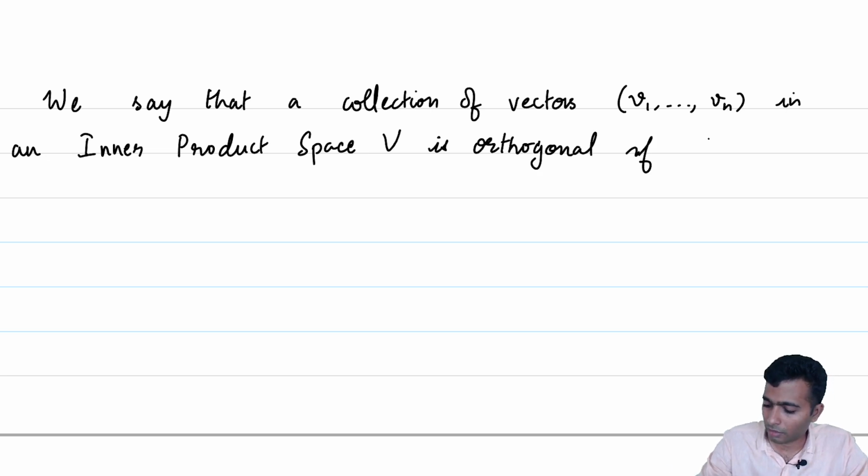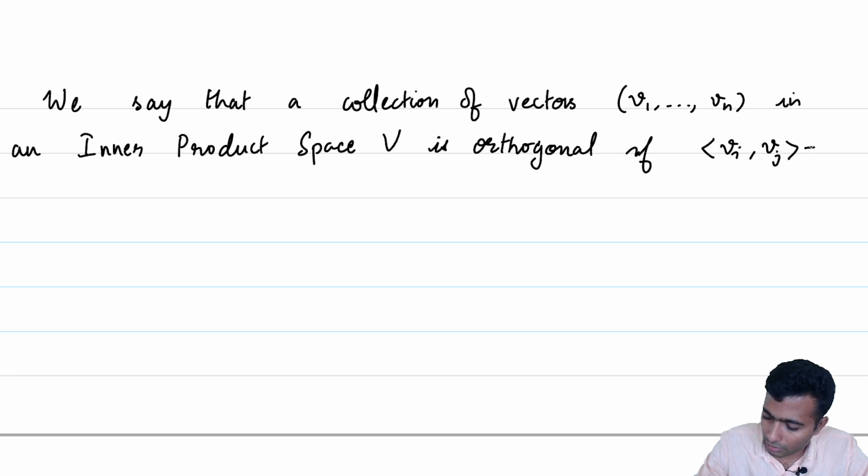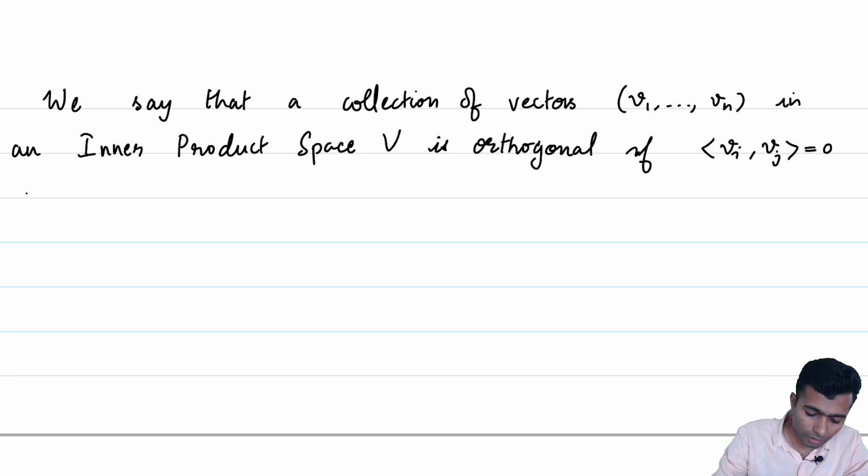If the inner product of vi with vj is equal to 0 whenever i is not equal to j.